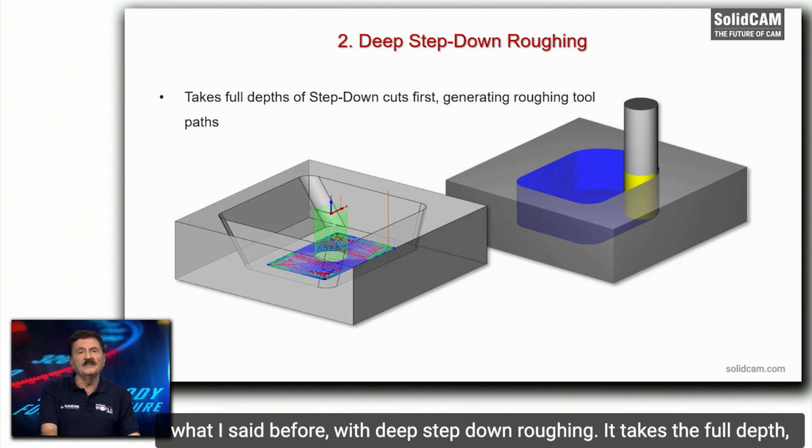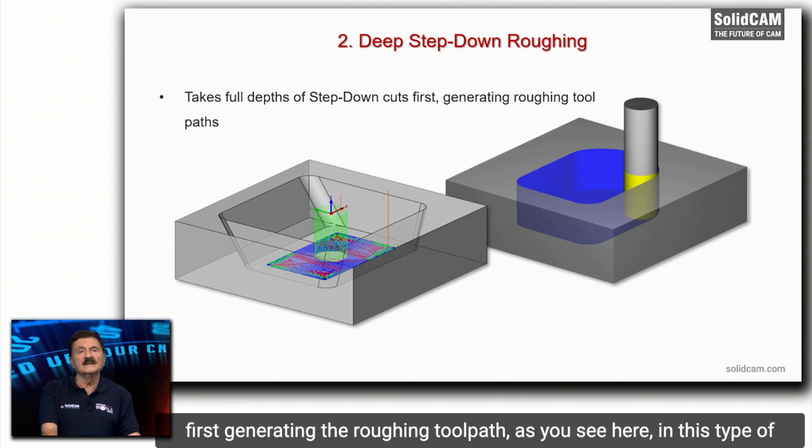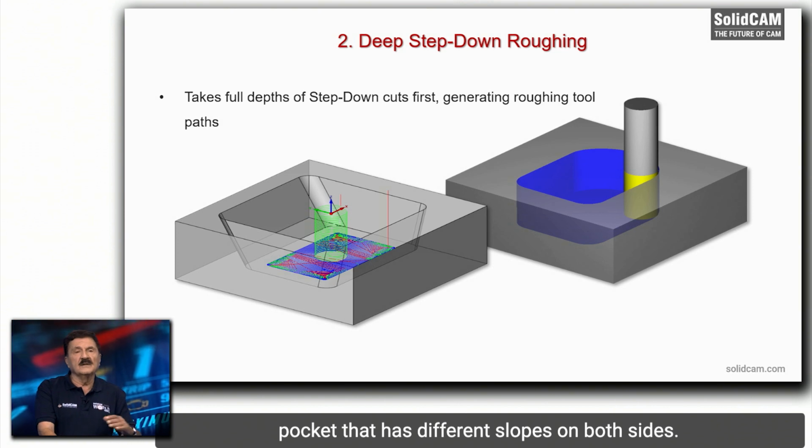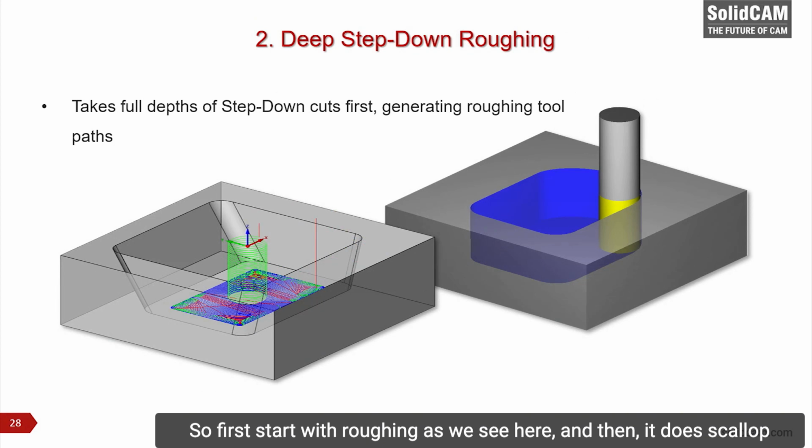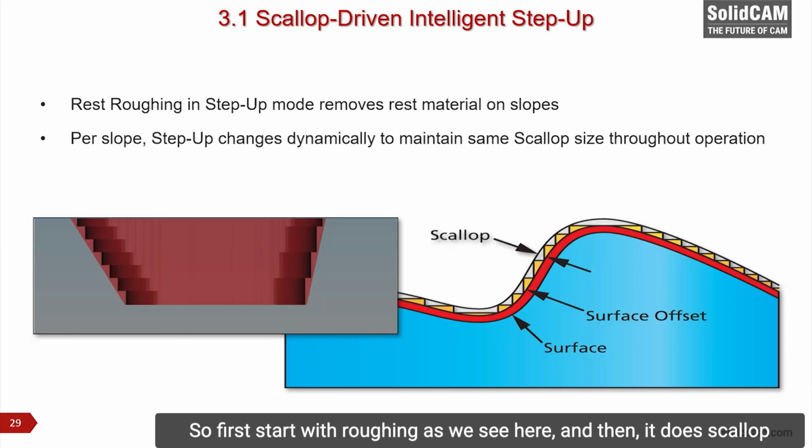It takes the full depth, first generating the roughing toolpath, as you see here, in this type of pocket that has different slopes on both sides. So first it starts with the roughing, as we see here, and then it does scallop-driven intelligent step-up. If you see these two slopes, they are different. One has higher slope, one has less slope.